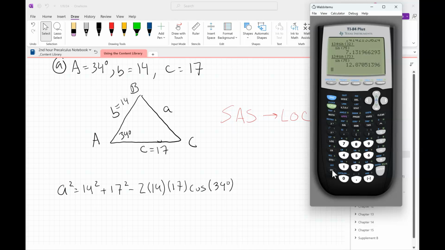Don't do like 14 squared and then 17 squared and then 2 times 14 times 17 and then write that all down, because what happens so often is people add 14 squared and 17 squared and then subtract the 2 times 14 times 17, and it's no! Because they haven't done the cosine of 34 yet. Happens all the time. Just type this into one line on your calculator. Just like it looks on your sheet of paper.